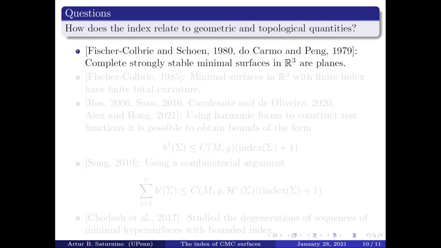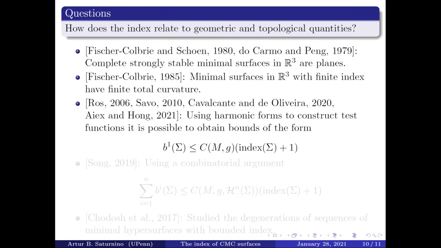This is the only complete stable minimal surface in R^3, and turns out to be the only complete strongly stable CMC surface in R^3 as well, with the same arguments. Fischer-Colbrie later proved as well that any minimal surface in R^3 with finite index also has finite total curvature. So in particular, they've got to have finite topology.